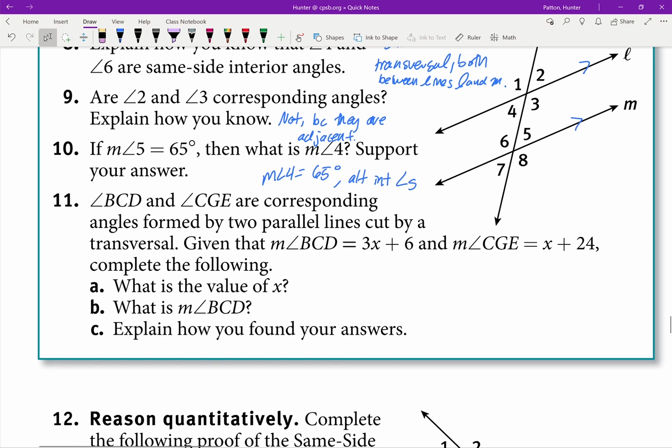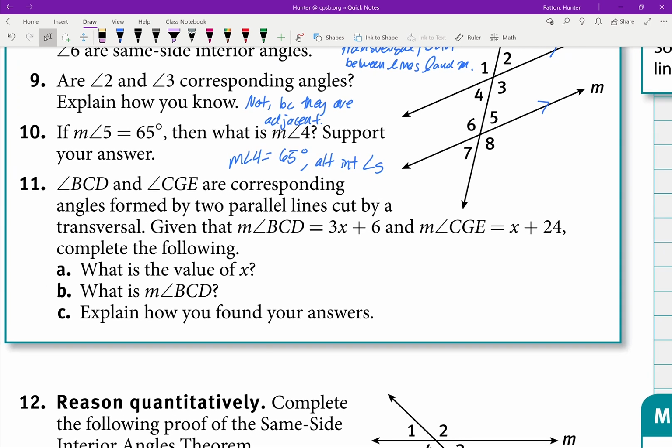Okay. 11. Angle BCD and angle CGE are corresponding angles formed by two parallel lines cut by a transversal. Alright, that means that they're congruent. We know that, okay? Given that the measure of angle BCD is equal to 3x plus 6, and the measure of angle CGE is equal to x plus 24, complete the following. A, what is the value of x? So BCD and CGE are congruent.